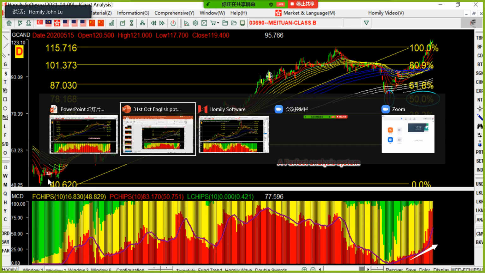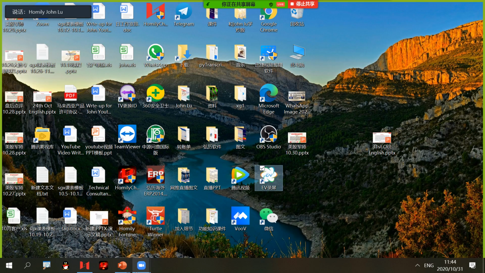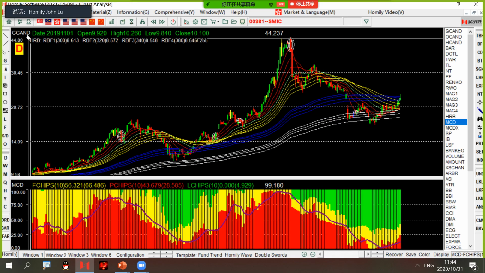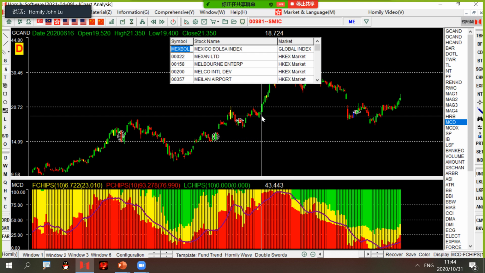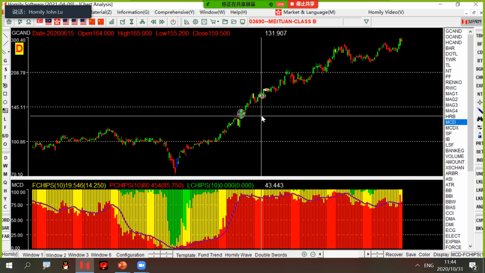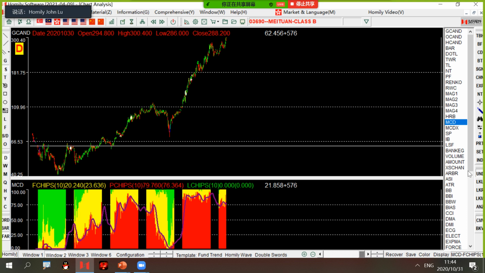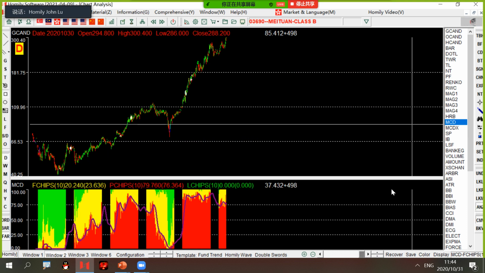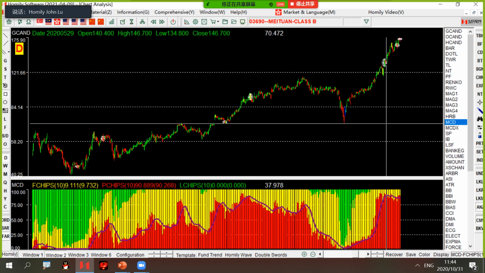That means if you want to predict the market with a chart like this, we can use Fibonacci. That is Meituan. How to do the prediction? From the low to the high, we get the prediction.